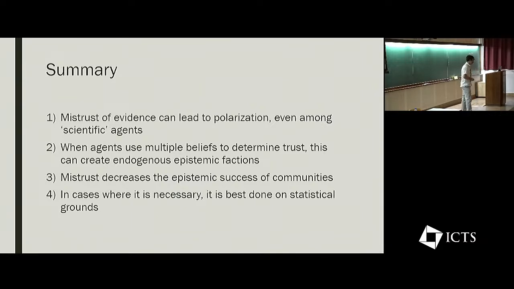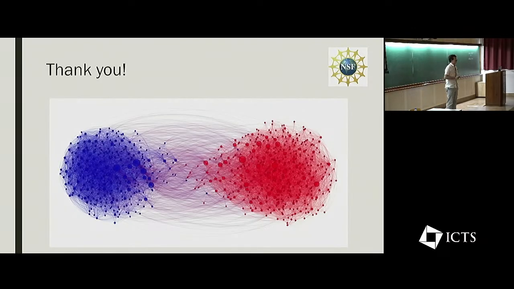And this one's a bit more subtle, but arguably, in cases where it's necessary, it's better to make these judgments based on the statistical grounds and careful analysis of the evidence that you're excluding, rather than heuristics about who's producing it. Okay, that's the end of my talk on Tuesday.